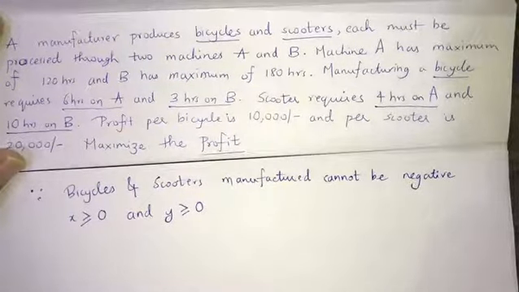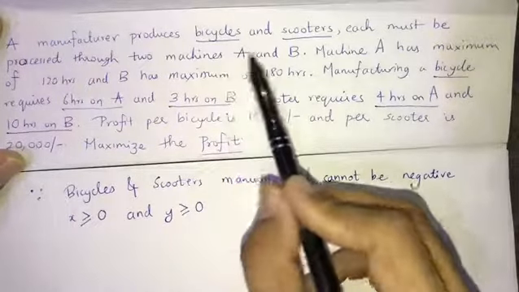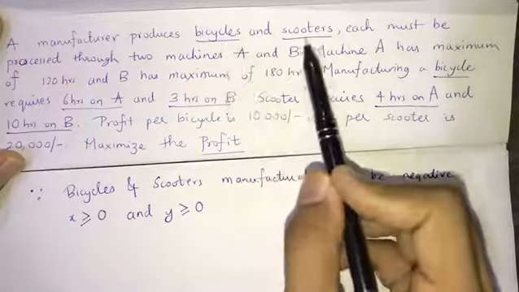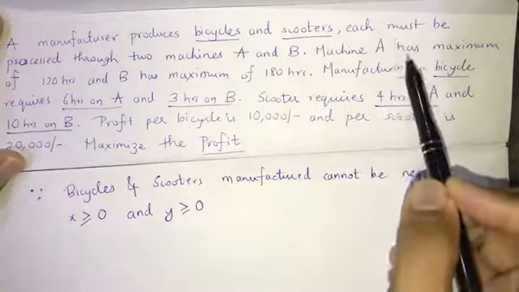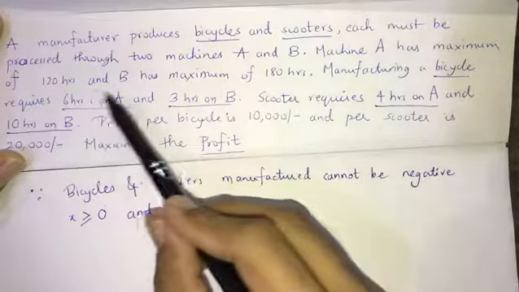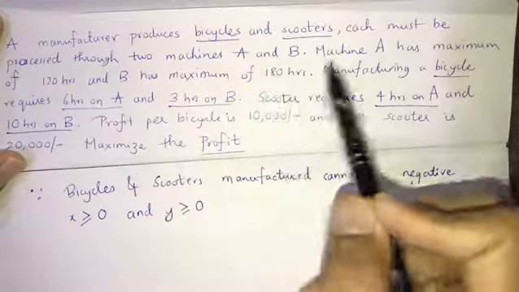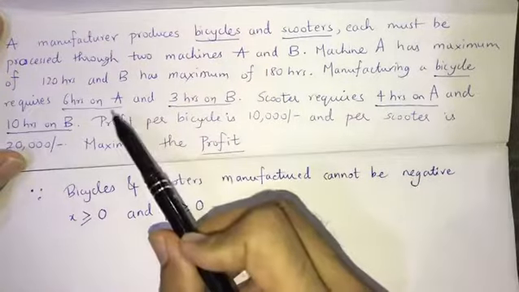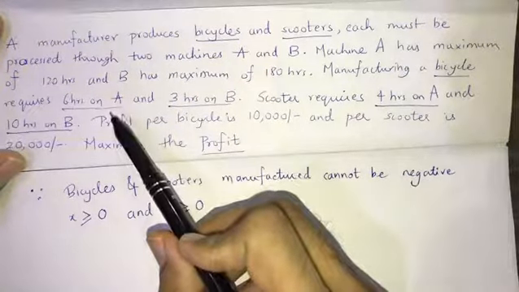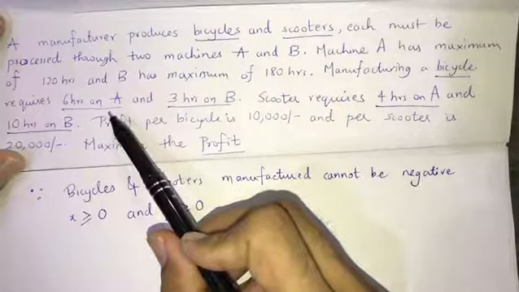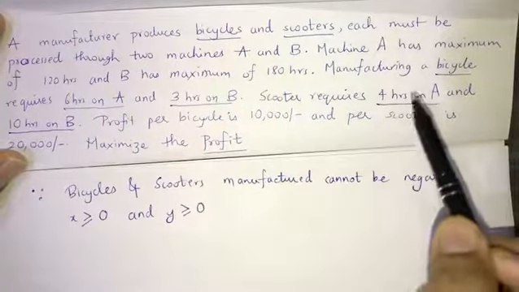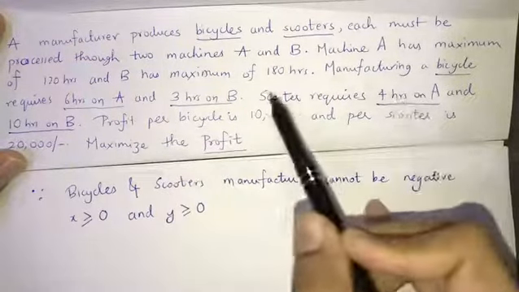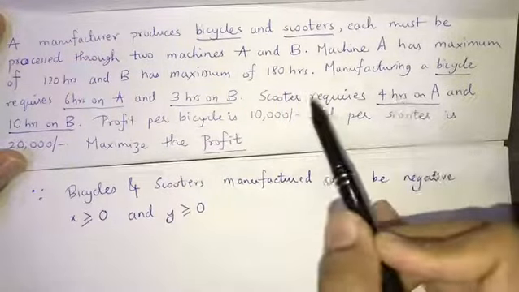Okay, so we started with the decision making variables: bicycles and scooters, X bicycles, Y scooters. Machine A has a maximum of 120 hours, B has a maximum of 180 hours. A bicycle needs 6 hours on A, so X bicycles will need 6x hours, and Y scooters will need 4y hours. So 6x plus 4y on A cannot exceed 120.